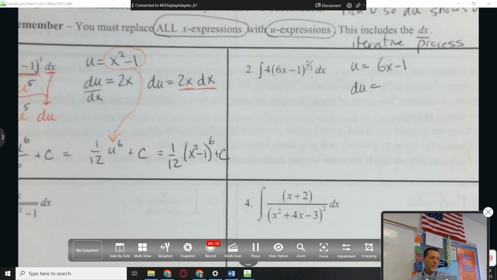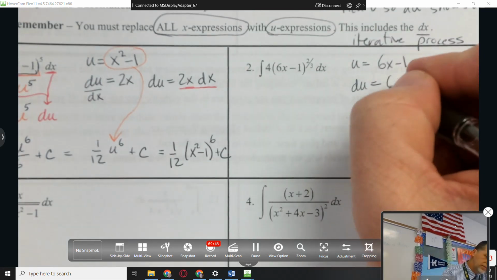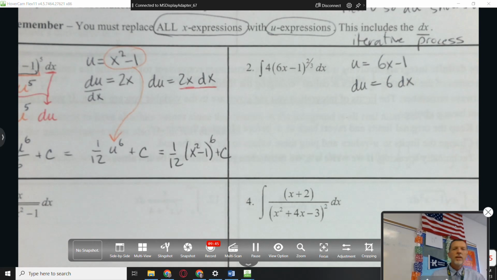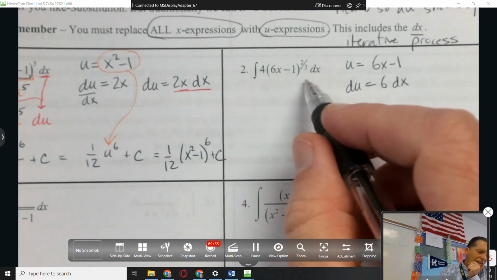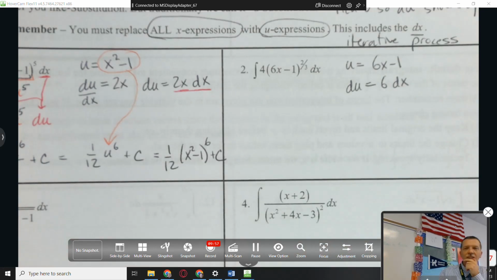All right, what's du equal to? 6dx. We really stopped putting du dx; we just automatically move it to the other side. Okay, 6dx. I don't have 6dx, but you can multiply by something.